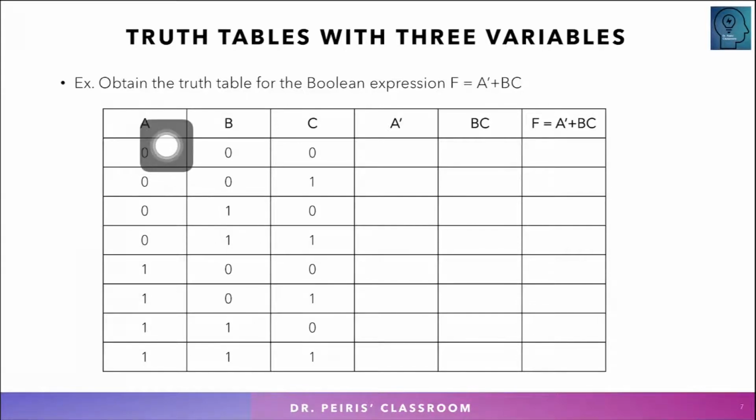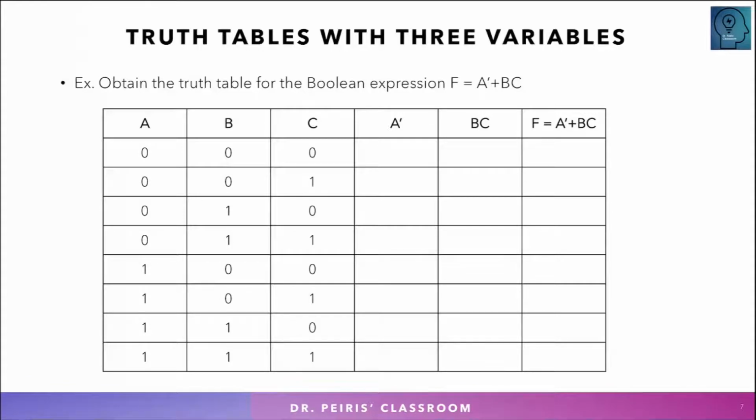The first row corresponds to 0, the second one to 1, the third one to 2, the next to 3, then 4, 5, 6, and the last one corresponds to 7. So you will find the equivalent decimal value if you do the rows properly.